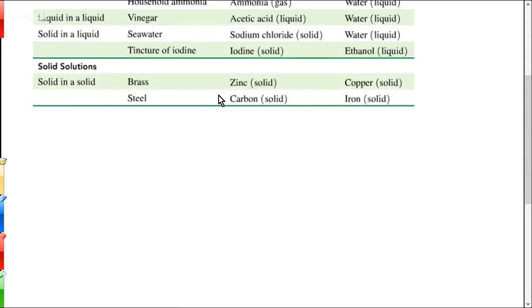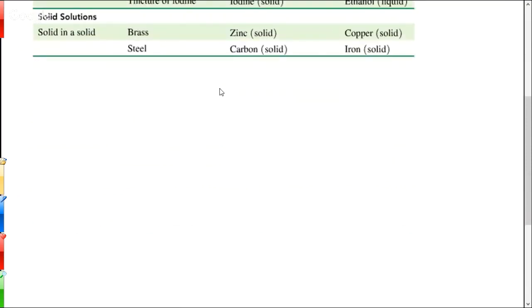All right. So let's look at why solutions form and what it means to have a solution. And we're going to use that example of salt and water. So if you want to make a solution of salt and water, you take some solid sodium chloride and you add it to liquid water. Let's make a diagram of what that looks like at the molecular level.